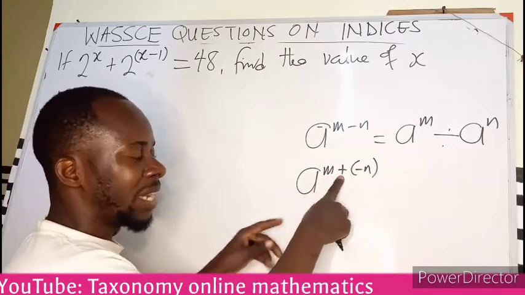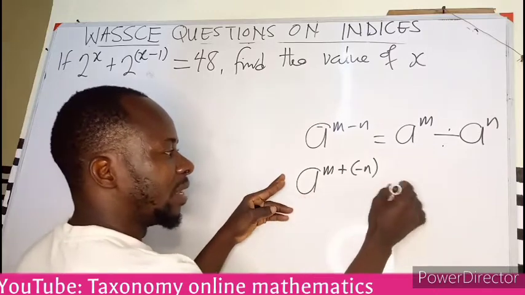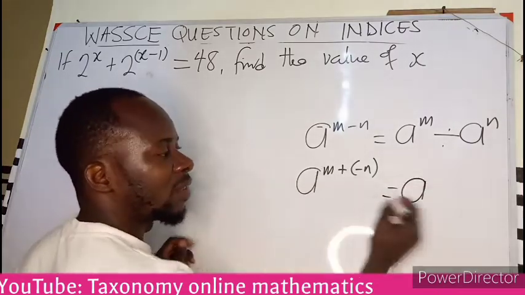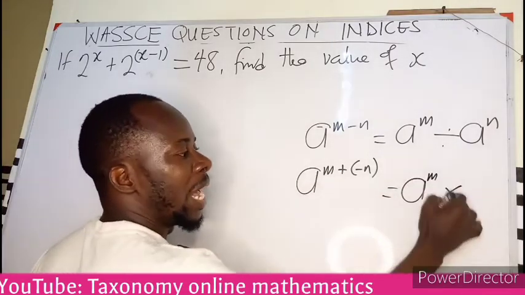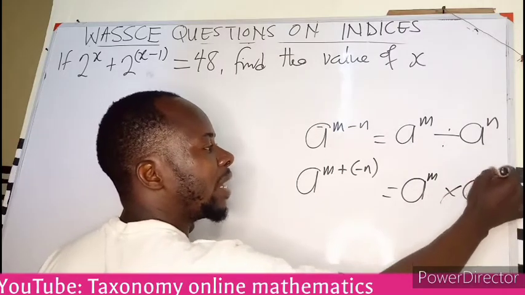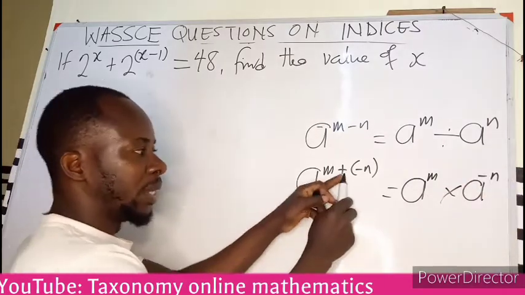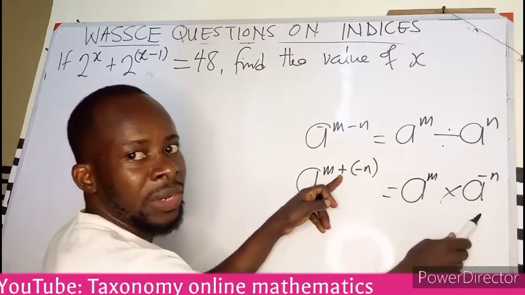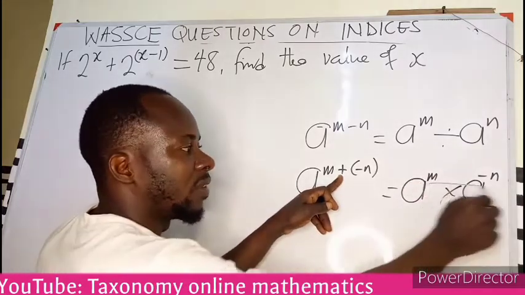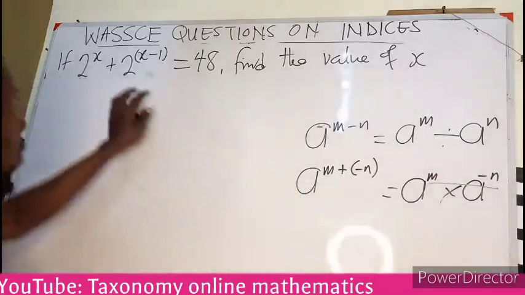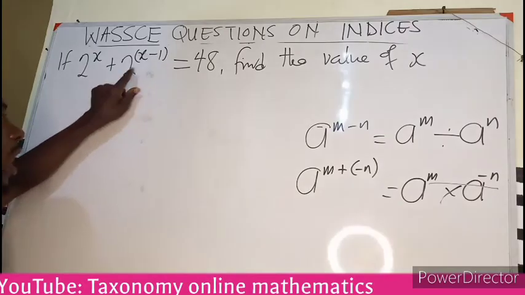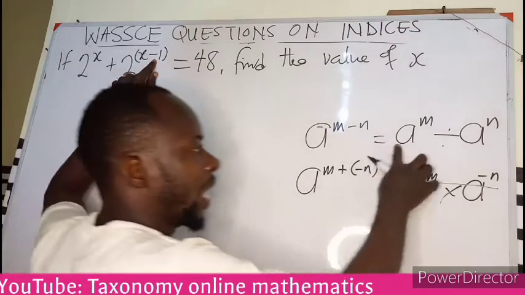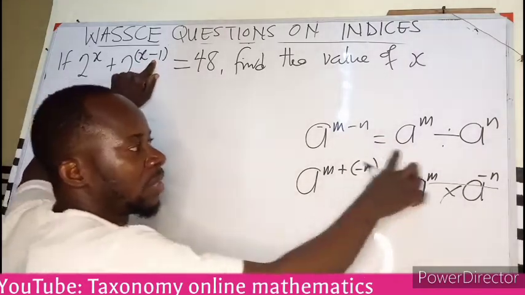And we know we are going to concentrate on the addition. So if I'm saying addition, it means it is just a exponent m times a exponent minus n. Addition is multiplication. So I can either use this for my 2 exponent x minus 1, or I use a division.